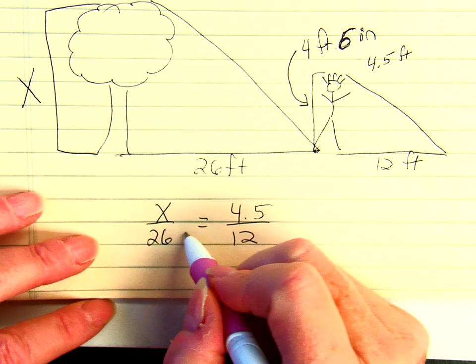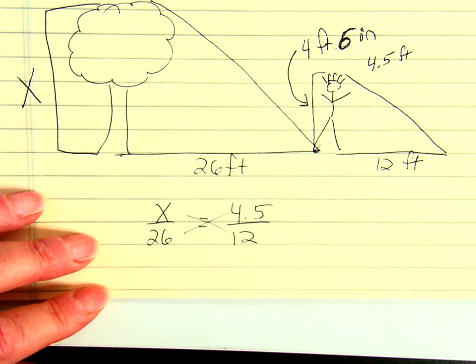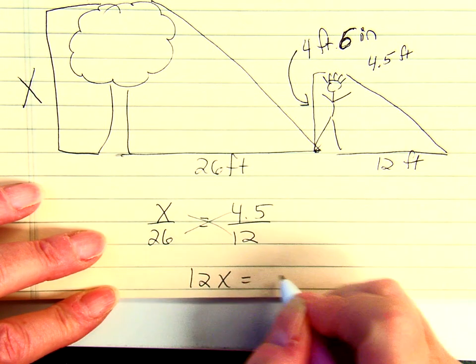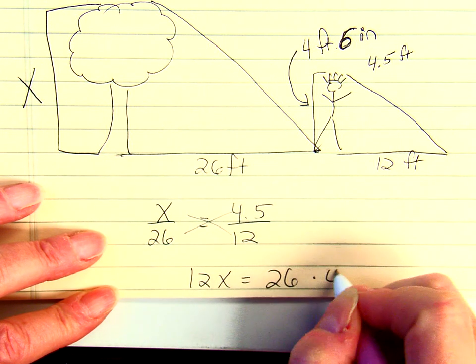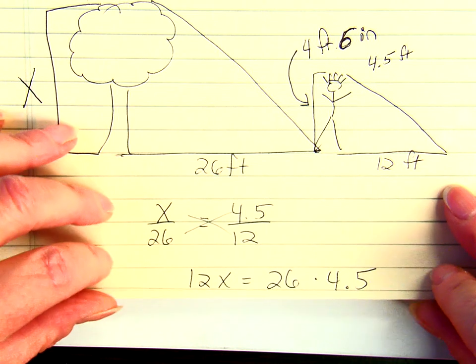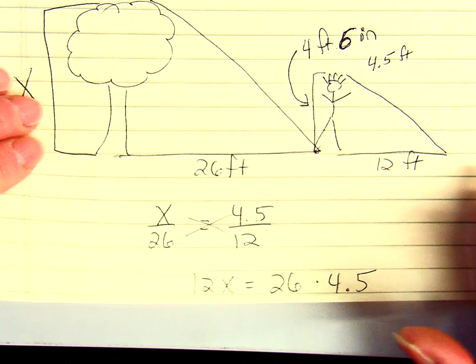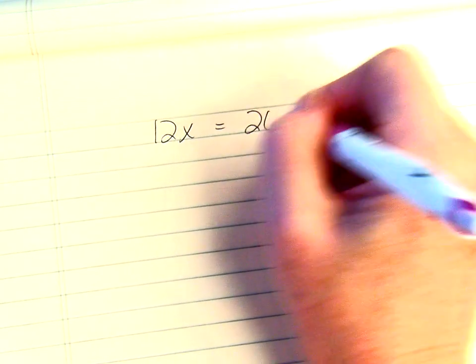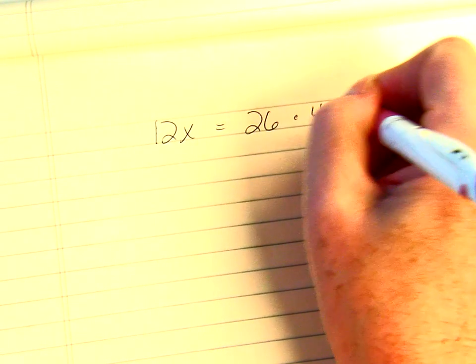Okay, and we will just go ahead and cross multiply this, and we get 12x equals 26 times 4.5. Unfortunately, we are going to have to switch pages and continue on the next page, but that's okay. So we've got 12x equals 26 times 4.5.